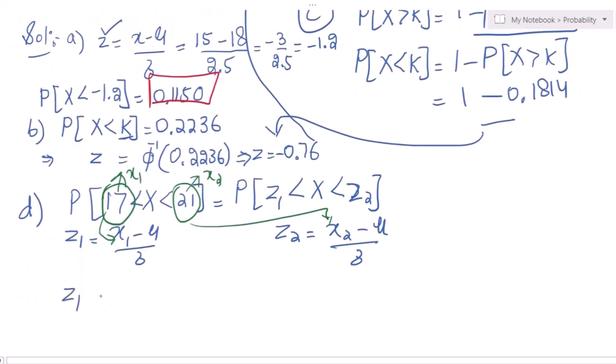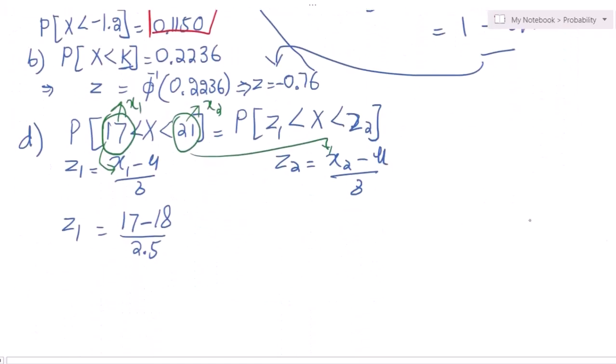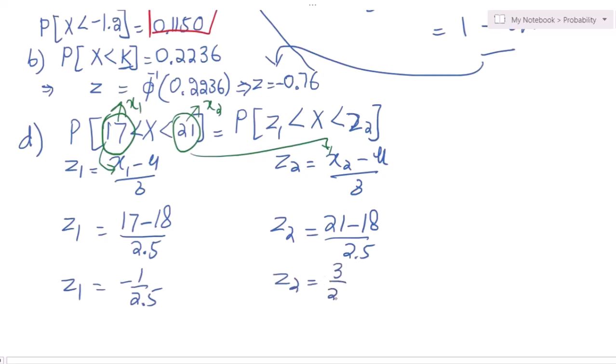So z1 is 17 minus mu, and mu is 18, divided by 2.5, which is the value of sigma. It is also given in the question. Similarly for z2, we have 21 minus 18 divided by 2.5. So z1 is minus 1 over 2.5, and for z2, we have 3 over 2.5.